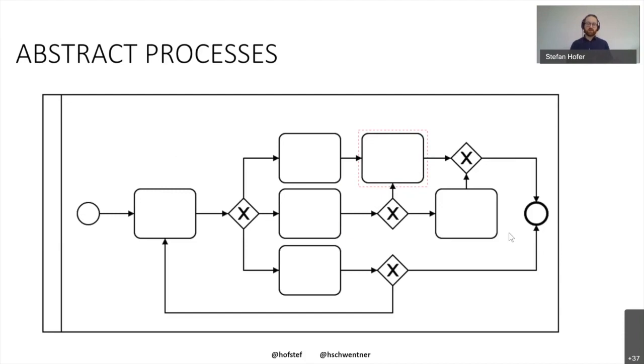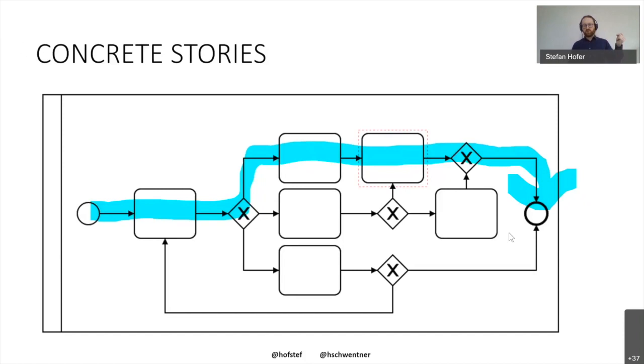We don't have that in domain storytelling. There's no if, there's no or, there's no gateway, because instead of showing all the possible things that could happen, we show one concrete path, one concrete story of what actually happens. That's a big difference, and that's why we don't need any ifs or gateways.